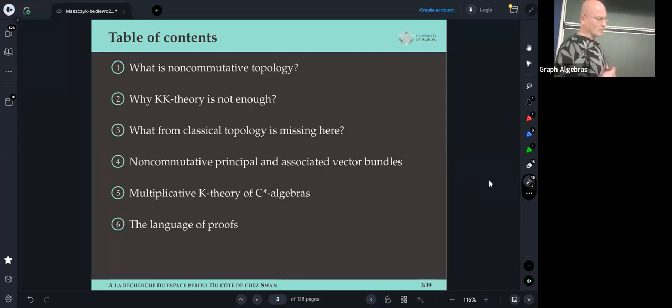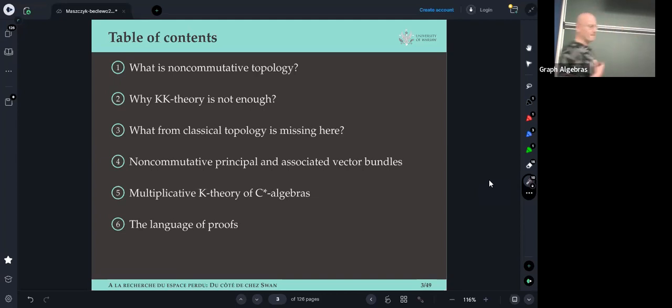Next, I will explain what exactly is missing from classical topology in the realm of non-commutative geometry. And it will turn out that what is missing could be filled, in some sense, by studying non-commutative principal and associated vector bundles.